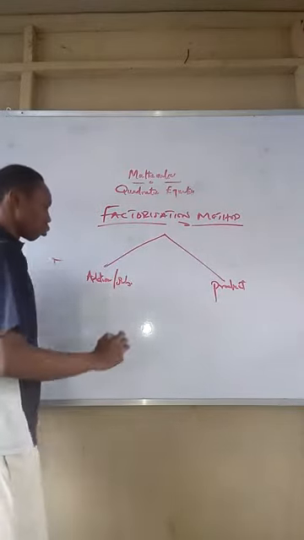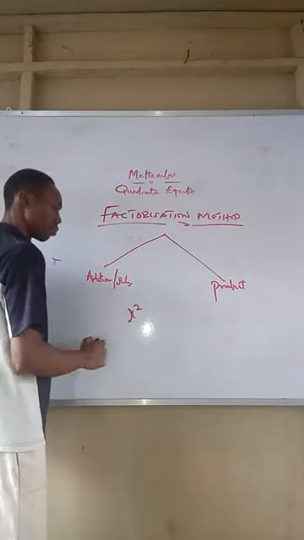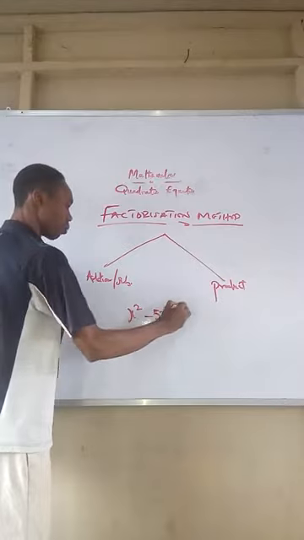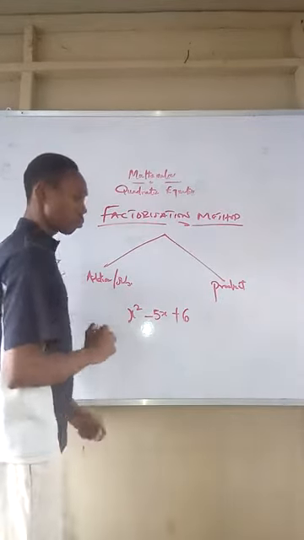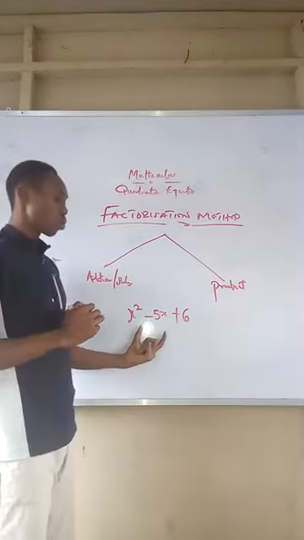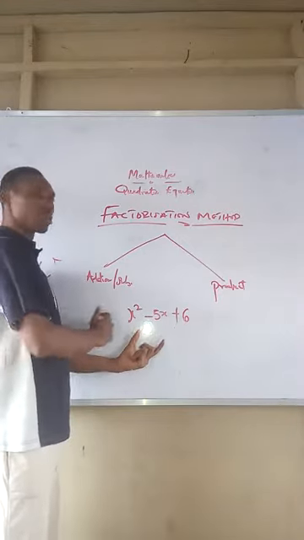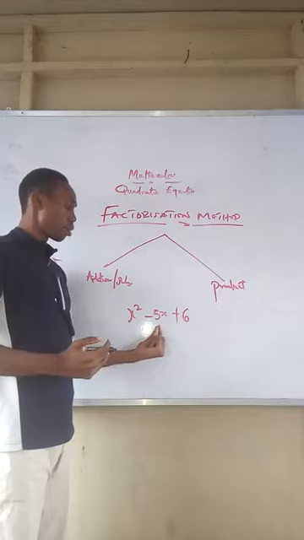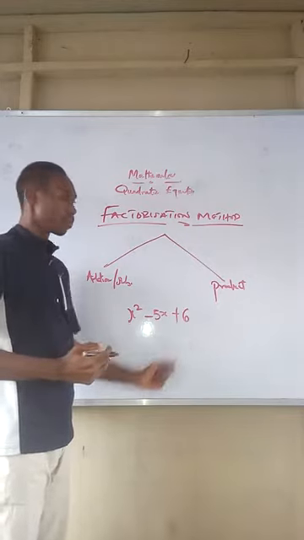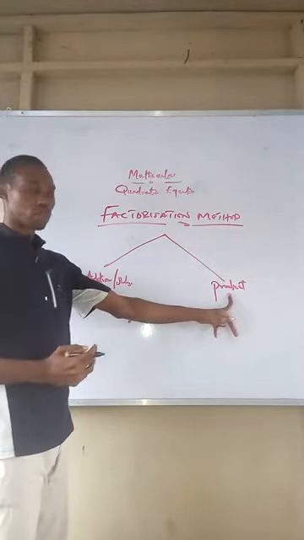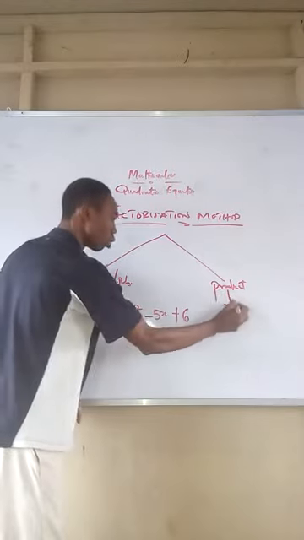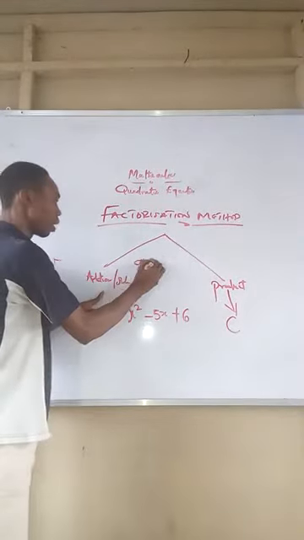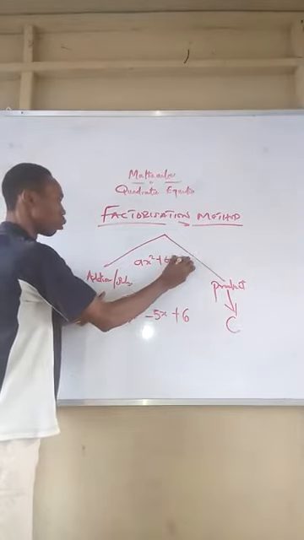Take for example, you have x squared minus 5x plus 6. This is a question, and you have to what? Express x squared minus 5x plus 6. Now the first one is what? Product. The product here has to do with what? The constant, which is c, from the equation ax squared plus bx plus c.